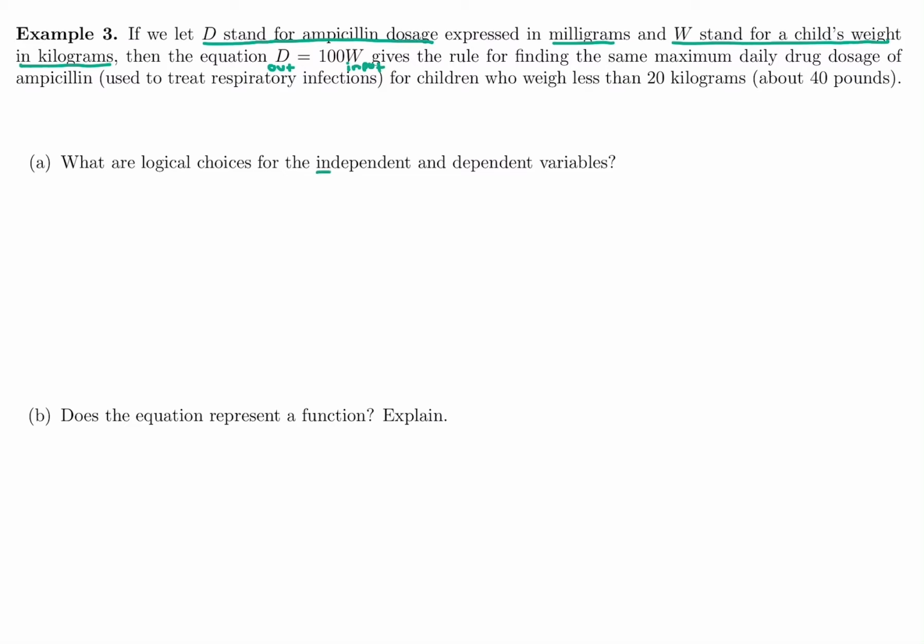So independent, the independent variable is the same thing as asking for the input. What are you plugging into this function? You're plugging in W, which is the child's weight in kilograms.